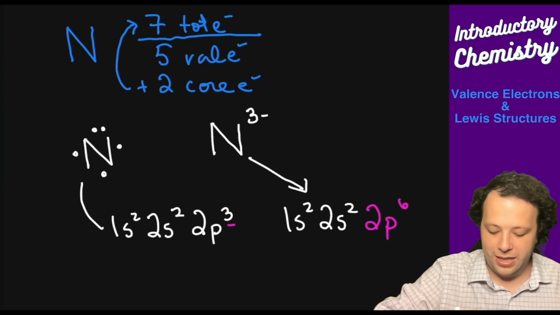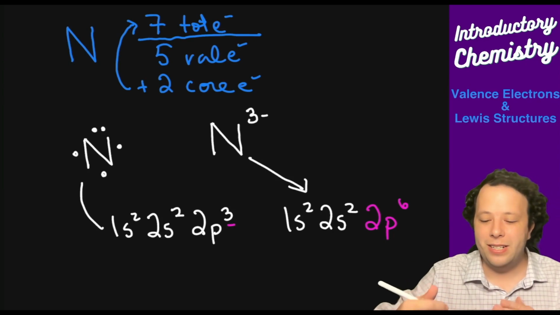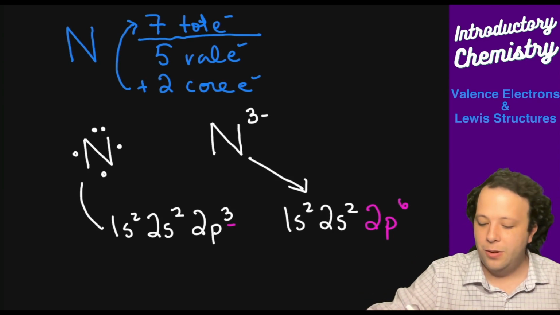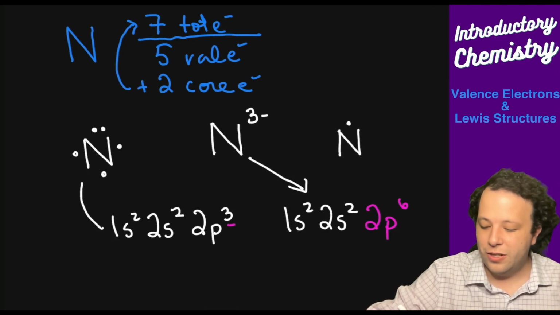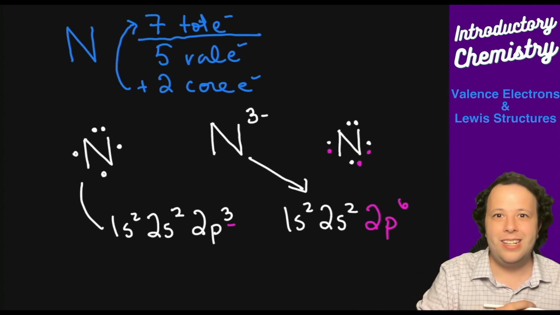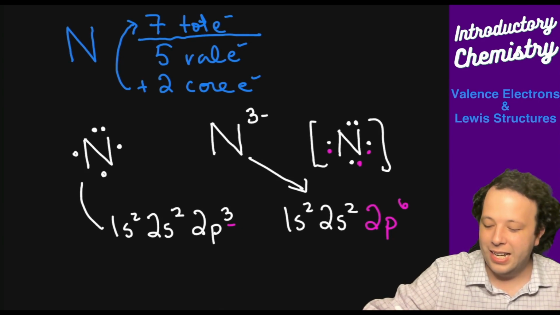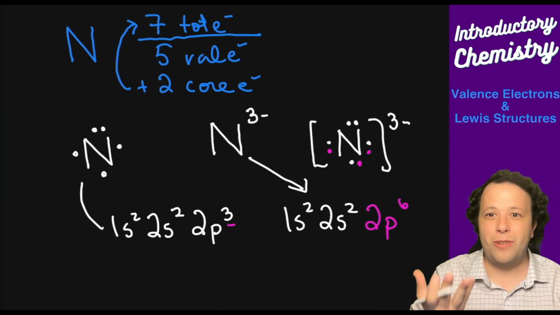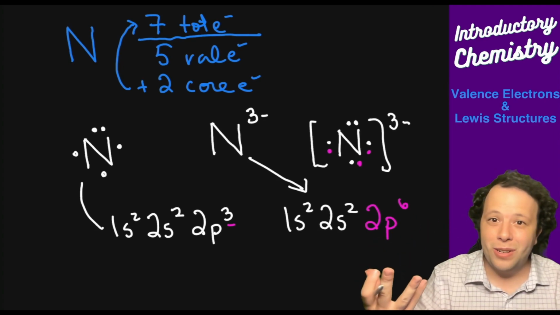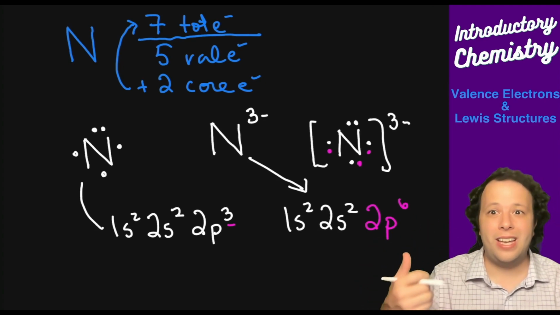So notice that that number goes up 3 because we are an anion. So when we draw our Lewis dot structure, we'll write 1, 2, 3, 4, 5, and then we'll put our three new dots to show that this is an anion, and then we would write in brackets with a 3 minus. This is how you can write Lewis dot structures for atoms, cations, and anions.